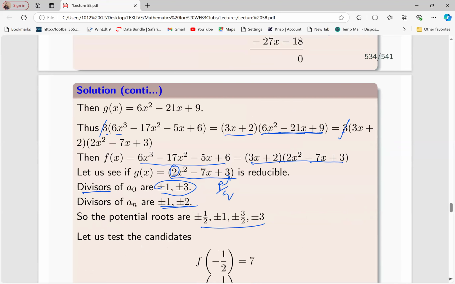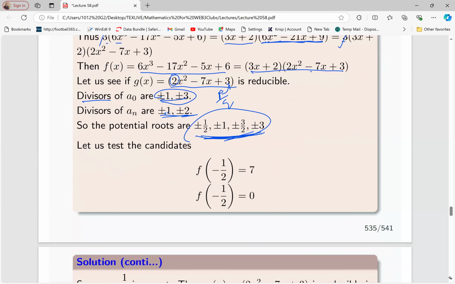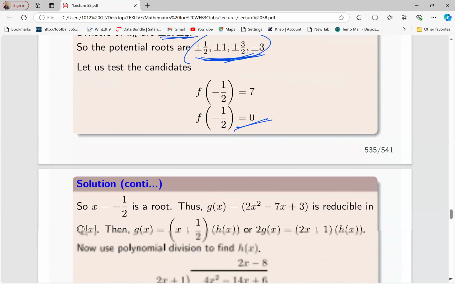Then come up with the possible roots by dividing 1 into all of those, and then 2 into all of those. Now, after you come up with these roots, as we've done before, find out which of them is a root. When I did, I found negative a half was a root.